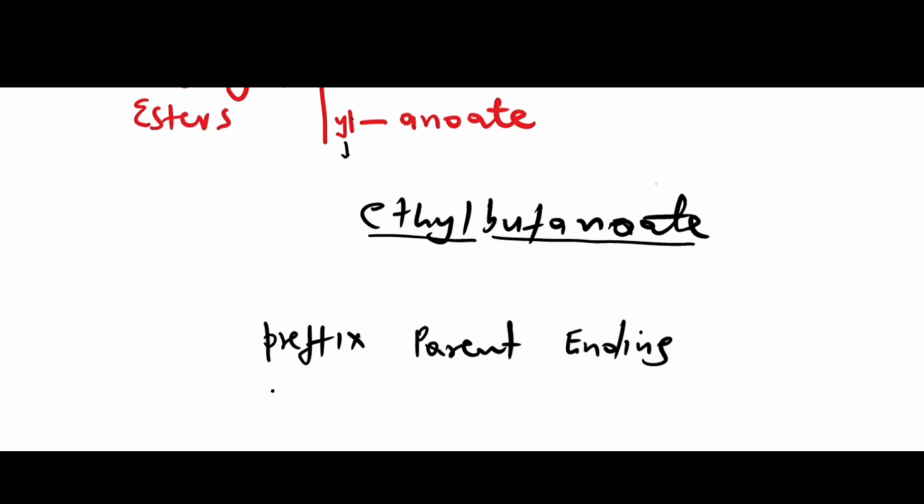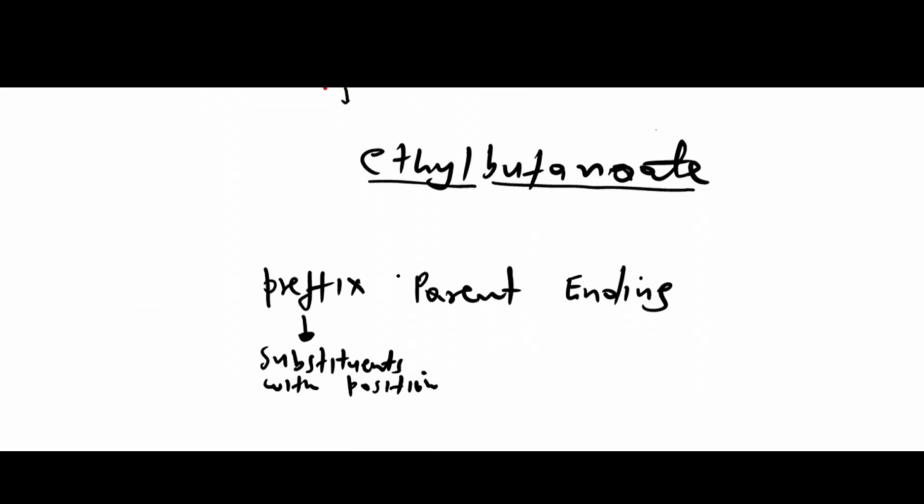If we look at this one, the prefix is the substituent with the position of the substituent. Okay, then the parent is the main chain, the longest chain.